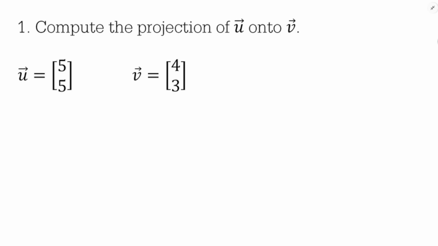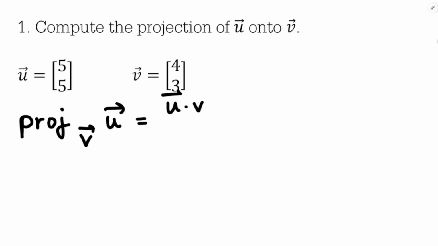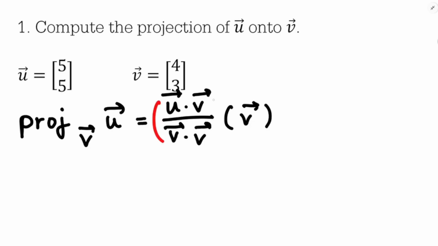So compute the projection of u onto v. That's going to equal u dotted with v divided by v dotted with v multiplied by vector v. I'll start with that constant, in red parentheses. u dotted with v is going to be 20 plus 15, which is 35, over v dotted with v, which would be 16 and 9, which is 25.